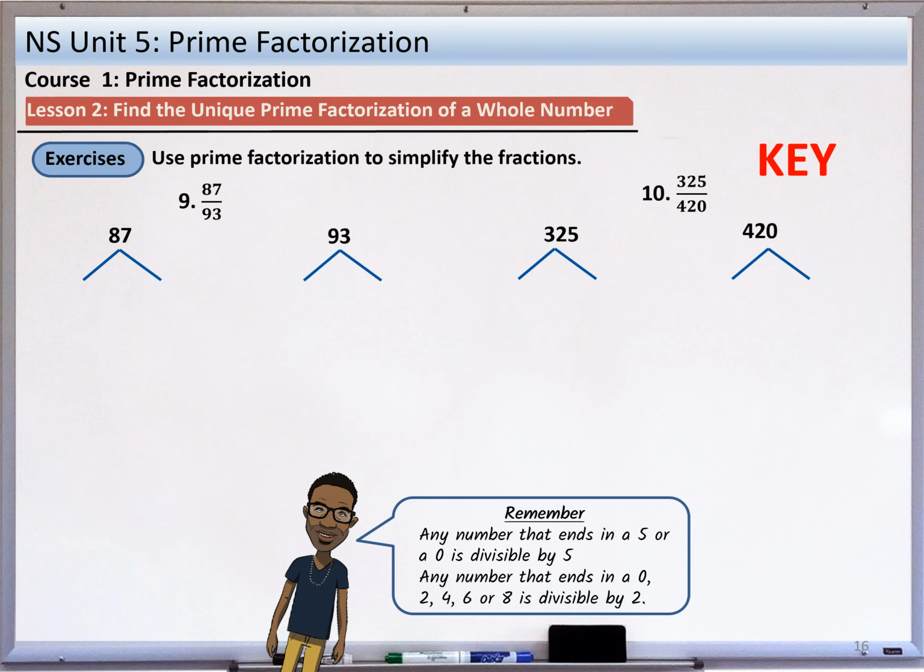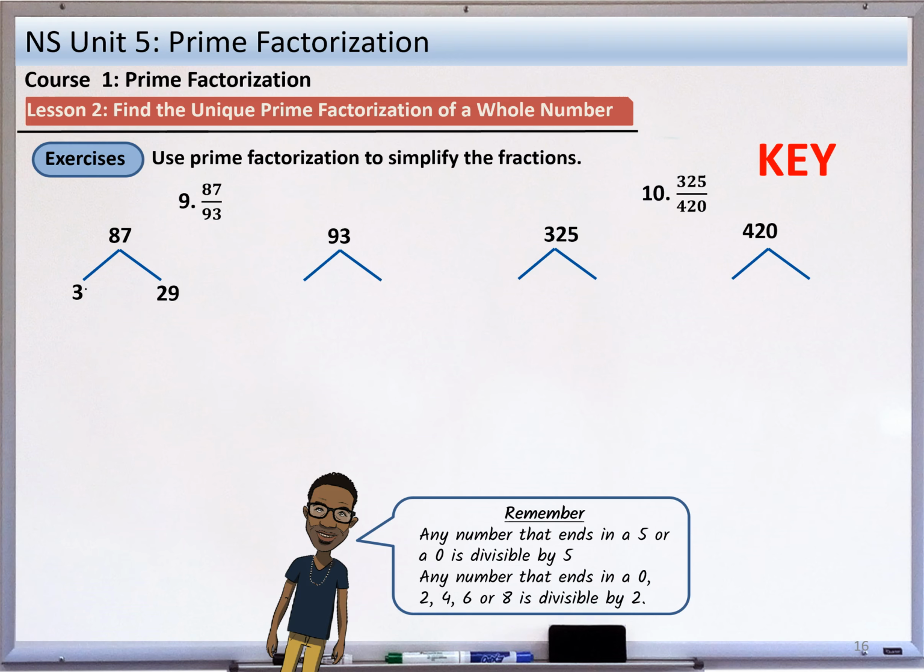Now notice I never say 87 over 93 or 325 over 420. It's very important that we use mathematically correct language, but we'll talk about that more in upcoming videos. But right now, let's look at the prime factorization to simplify these fractions.